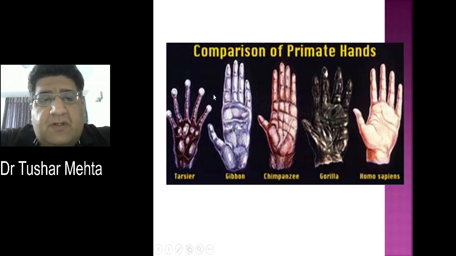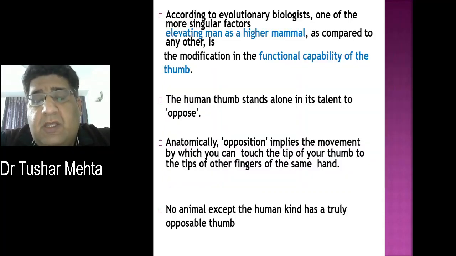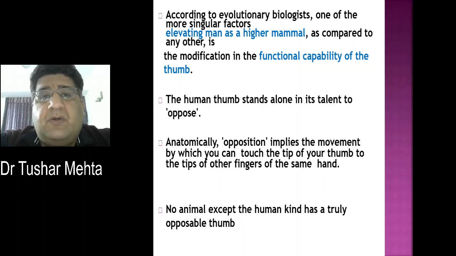Of course, this is something that you can see in other primates as well, but this thumb is actually at the plane of 90 degrees to the rest of the palm and the rest of the fingers. In other animals, if you see, it is not there. They don't have a prominent thenar eminence, and because of that their thumb is not at the plane of 90 degrees. It is parallel to the rest of the 4 fingers. So this is according to the phylogenetic evolution of mankind that happened.